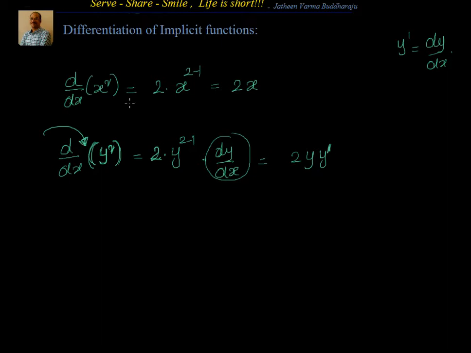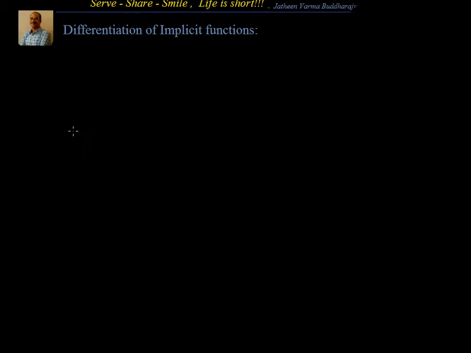Whereas when you differentiate x with respect to x, it becomes 1. That's why it is 2x, whereas here it is 2y y dash. With this little bit of understanding, let us go ahead and solve one simple example of implicit functions.